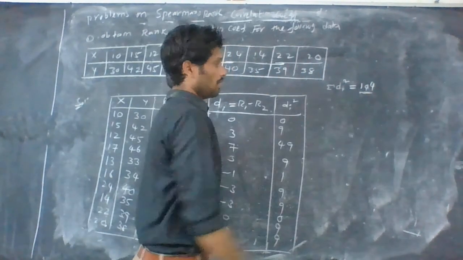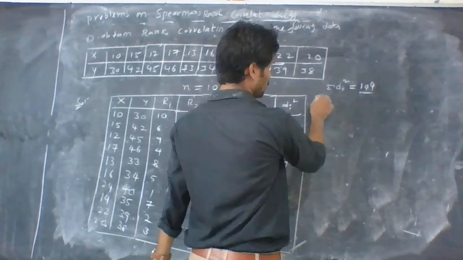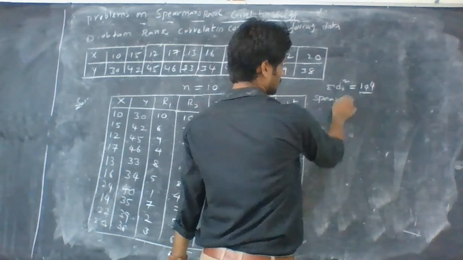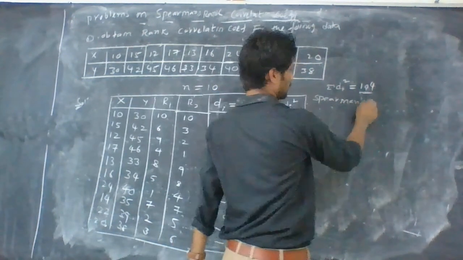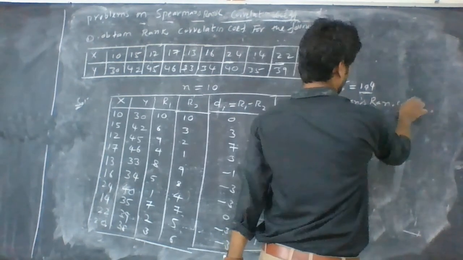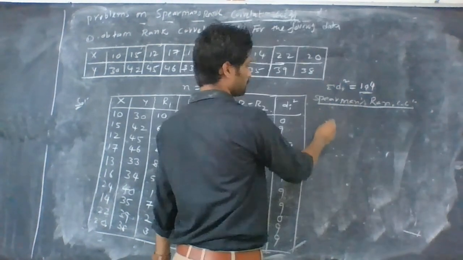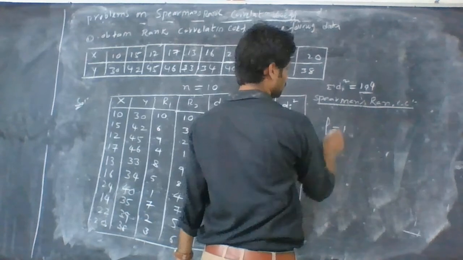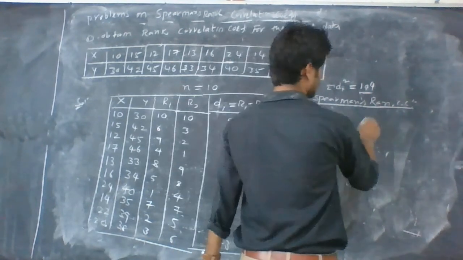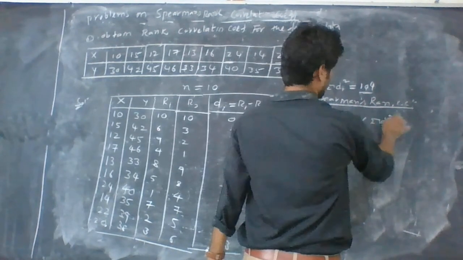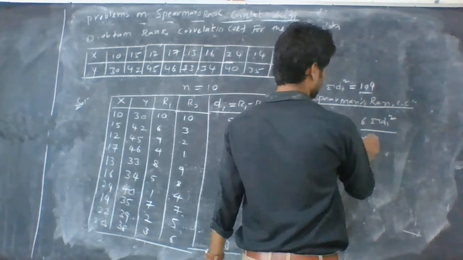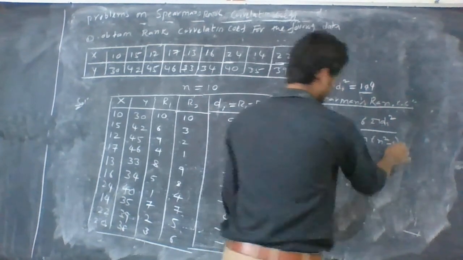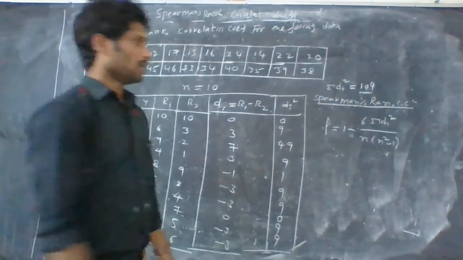Now we calculate using Spearman's rank correlation coefficient, given by rho equal to 1 minus 6 into summation di square by n into n square minus 1.